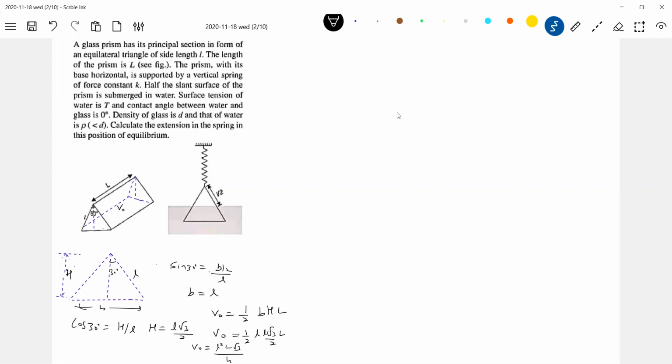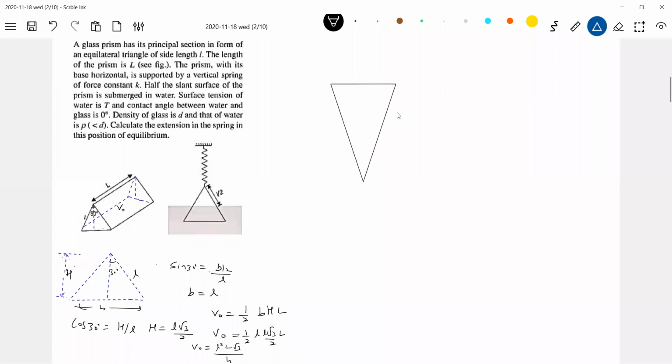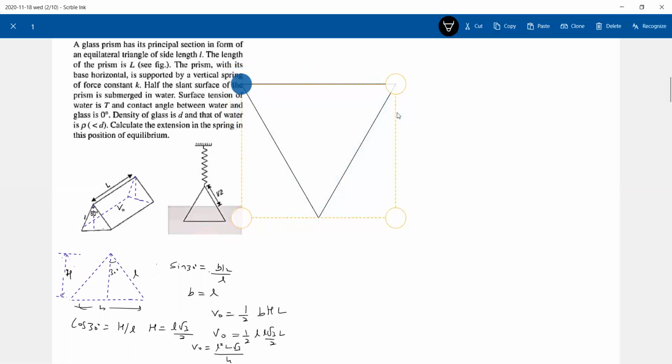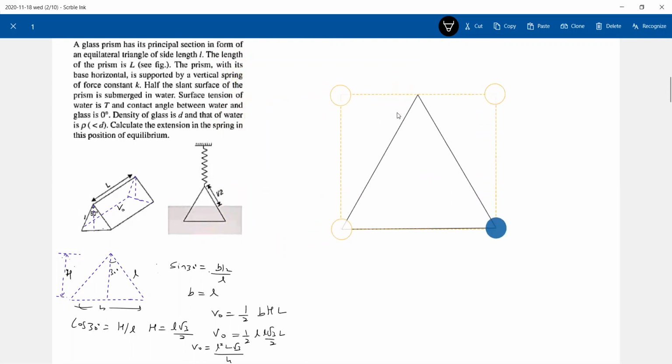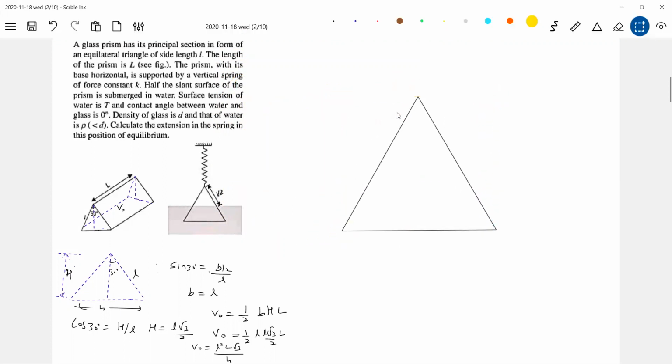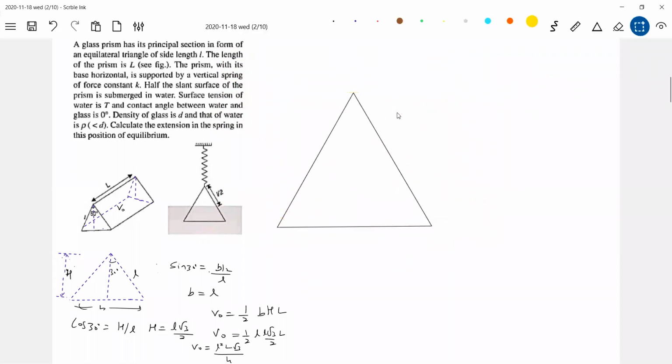So here I will bring a prism. Half of it is immersed here.